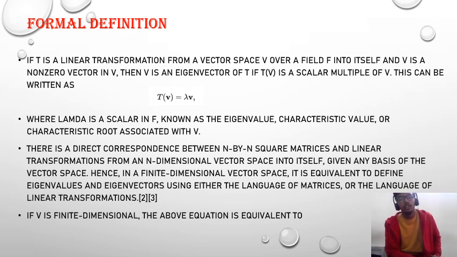There is a direct correspondence between n by n square matrices and linear transformations from an n-dimensional vector space into itself, given any basis of the vector space.